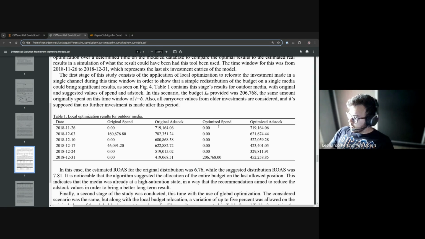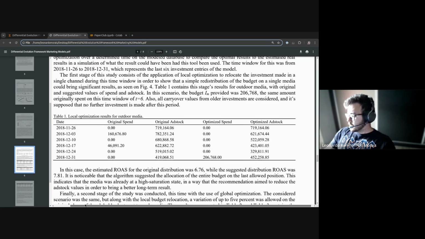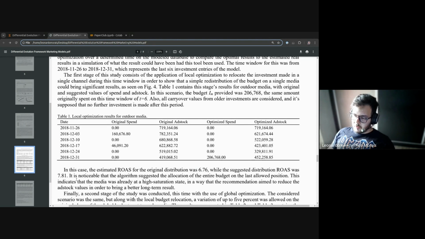When we optimize, the total spend is the same, 206,000 in both cases, just with a different distribution, and we get a new ROAS of 7.81. So in this new case, for every real we spend on outdoor media, we would get in return 7.81 reais, almost one real more. So it is a nice increase if you think of a real scenario.